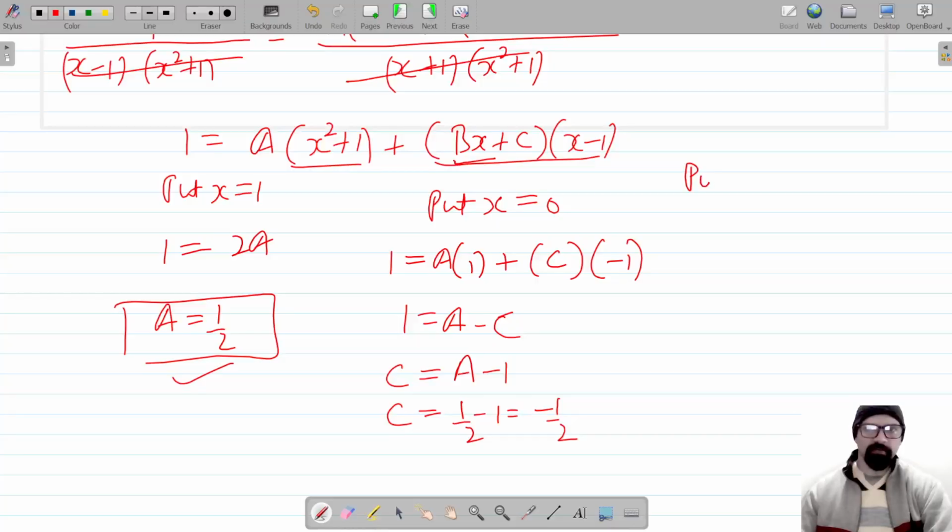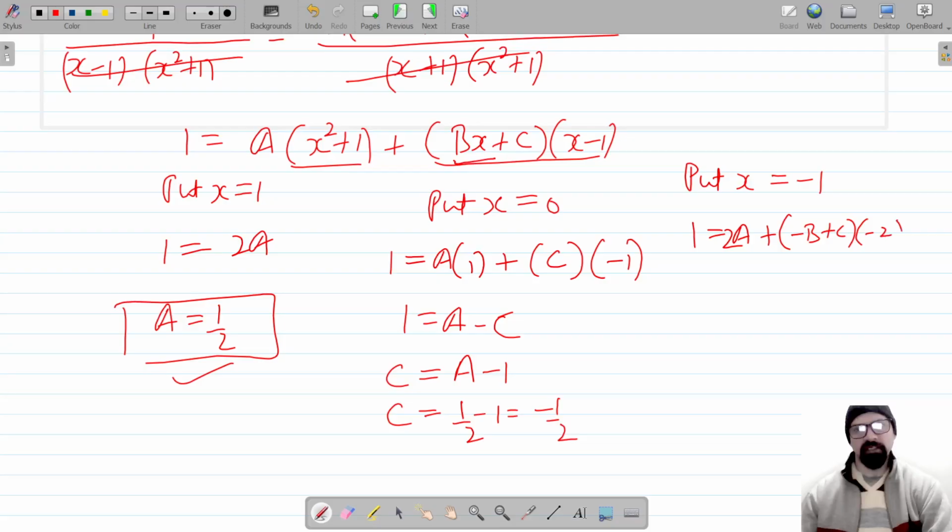Now let me put x equal to negative 1, which gives me 1 is equal to A times negative 1 squared, which is 1, so this is 2A, plus negative B plus C times negative 2. So 1 is equal to 2A plus 2B minus 2C.